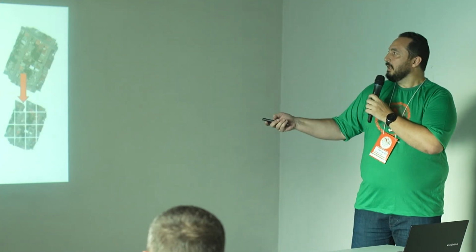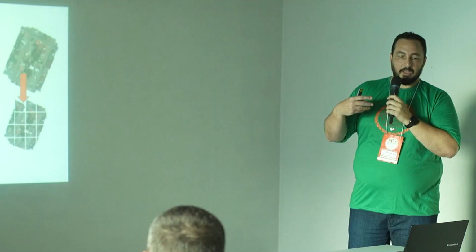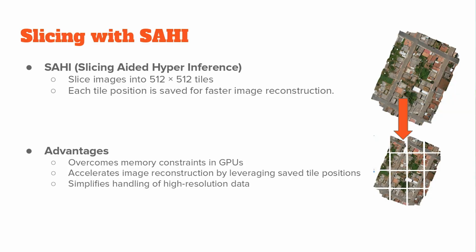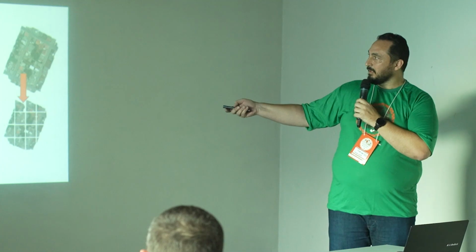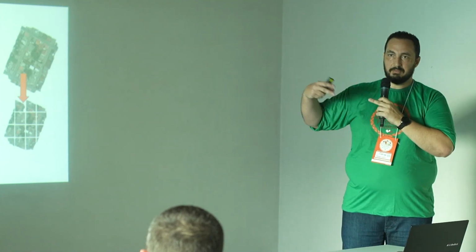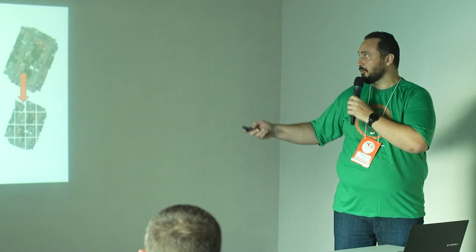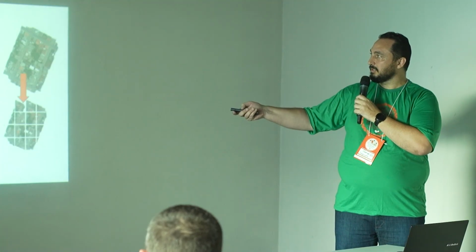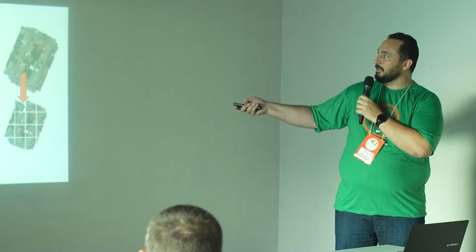Now, after that, the algorithms we used cannot run efficiently with the image as a whole, so we have to slice the image. We used 412 by 412 pixel tiles using the software SAHI, slicing aided hyper inference.